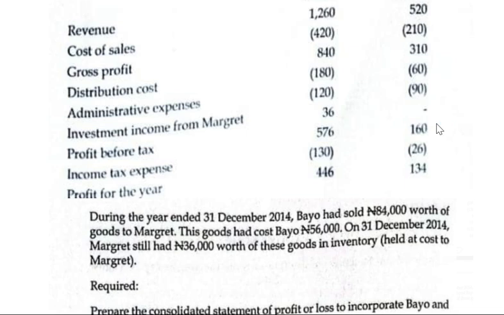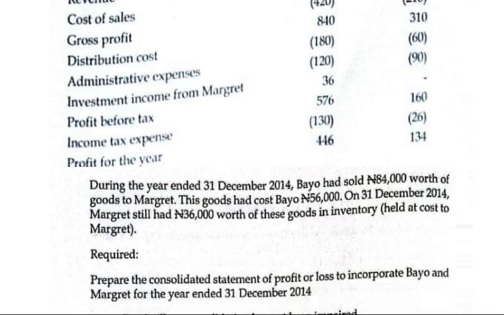Look at it, they say profit for the year here is 134. This 134, the parent does not have 100% control over. So the part that the parent does not control, you will determine and deduct from the consolidated profit that we will get at the end of the day. So those are the three main adjustments that you will make.